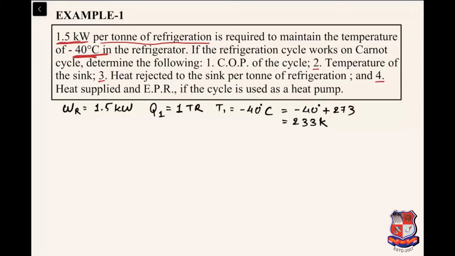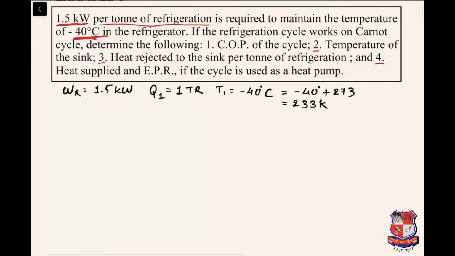Next, other data are not given, and we need to find out the COP of the system, then the temperature of the sink, that is T2, then heat rejected, that is Q2, and COP, and heat supplied, that will be the heat rejected to the sink.